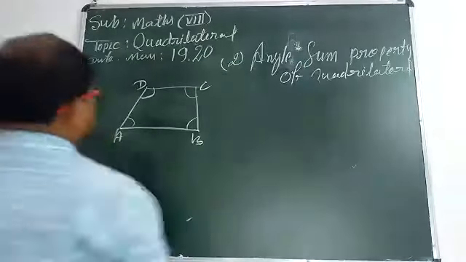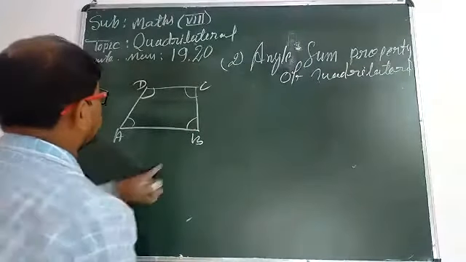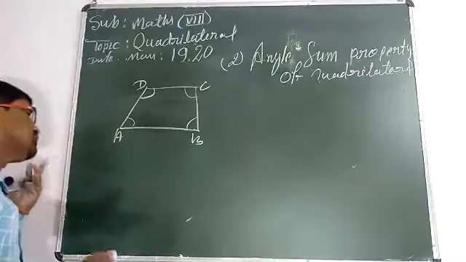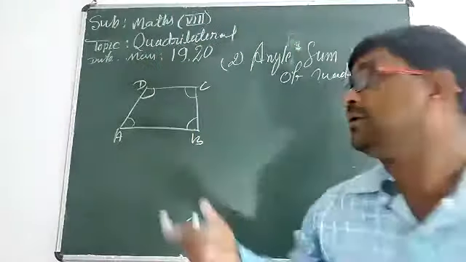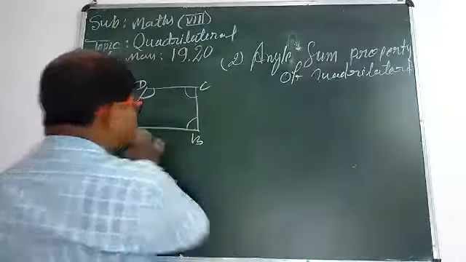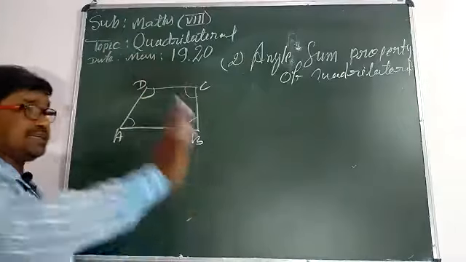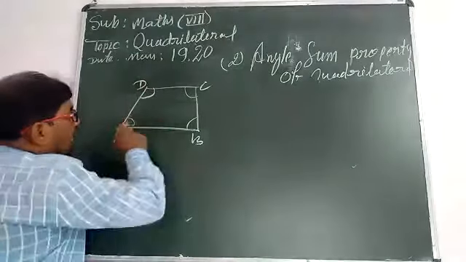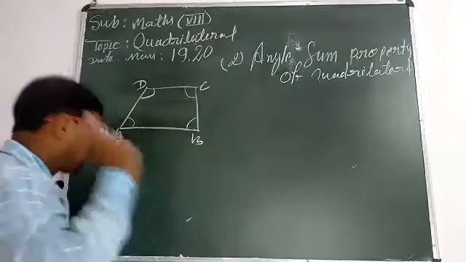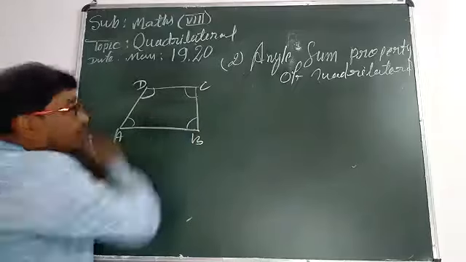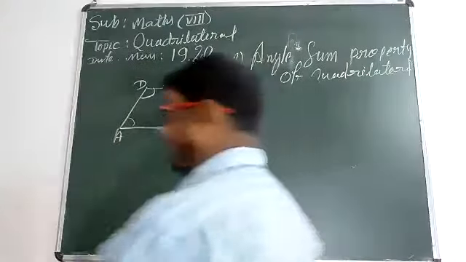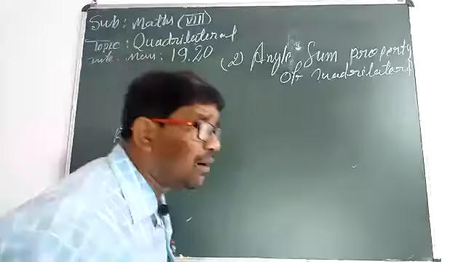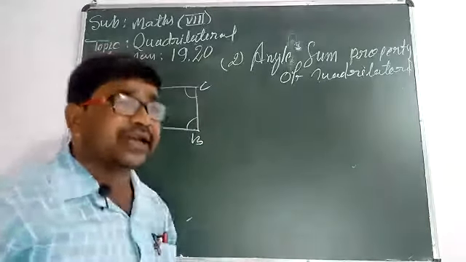Suppose that this is a quadrilateral ABCD. You can suppose this is a quadrilateral XYZM. Understood? How many interior angles? 1, 2, 3, 4, 5. No, 4 only. 1, 2, 3, 4. Only 4 interior angles here. What will be the sum of these 4 interior angles?